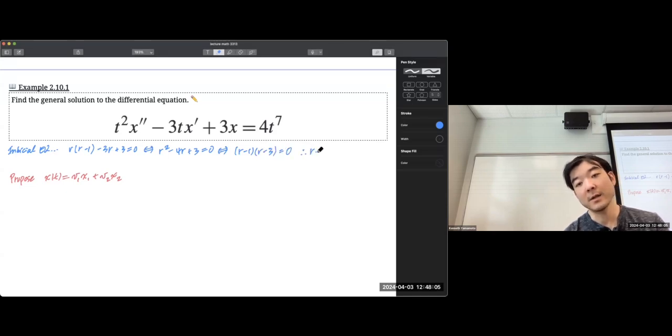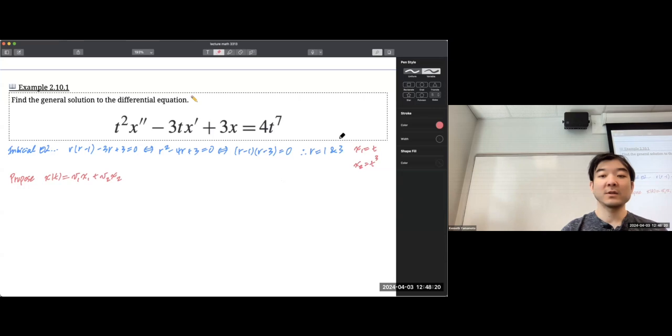So therefore, your r is equal to 1 and 3. So your x1 is equal to t. Remember Euler's equation, the solutions are t raised to the r, and there's two distinct ones. So you have t and t cubed.